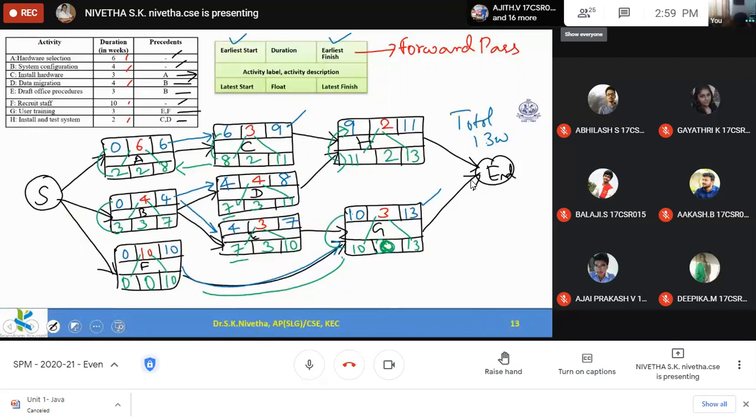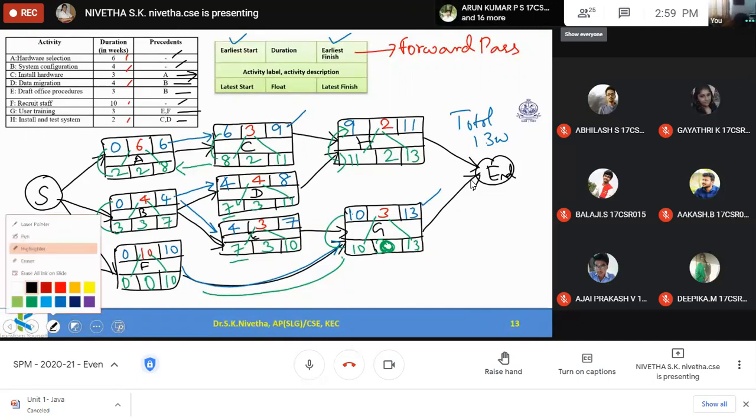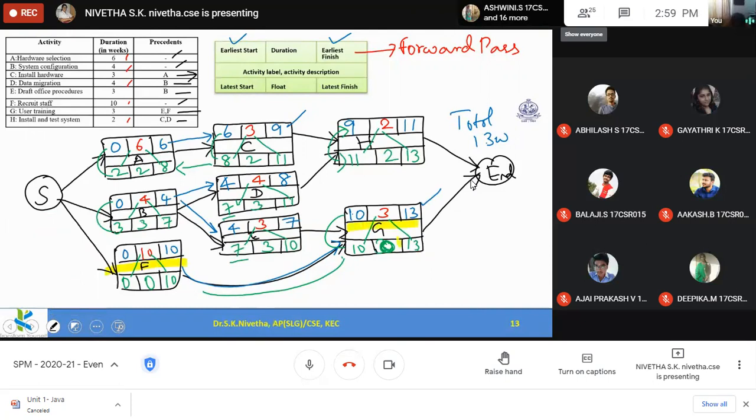So activity F and activity G have float value 0. So these two are critical activities and this path is known as the critical path in the project.